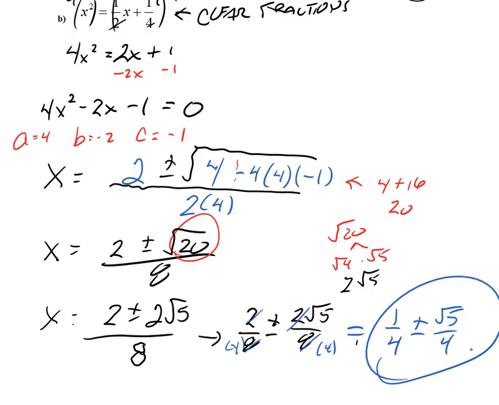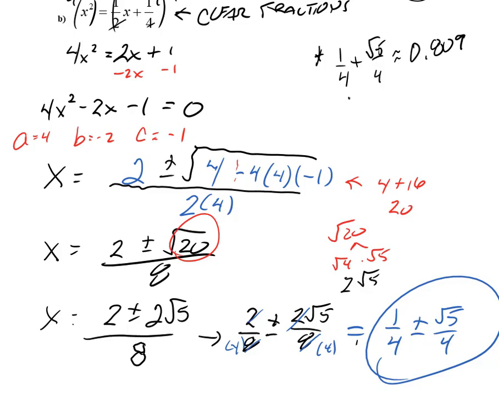And when we're done with these answers, I just want us to realize that we get two numbers, and I'm just going to bring this back up here because I have room. But the 1/4 plus square root of 5 over 4, if we plug this in our calculator, we can approximate that to 0.809.